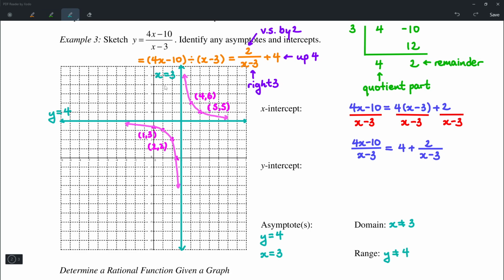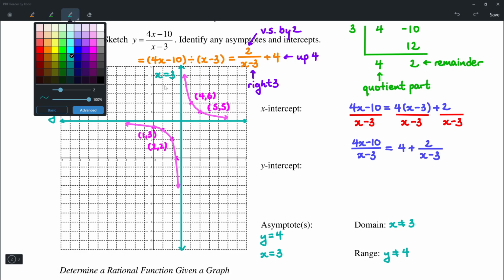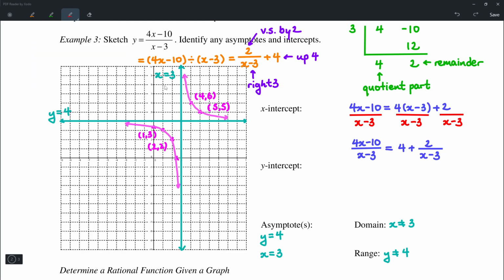Okay, so additional points of accuracy can be found using x and y intercepts. So in this case, we can just let y equal 0. So we just have 4x minus 10 over x minus 3.